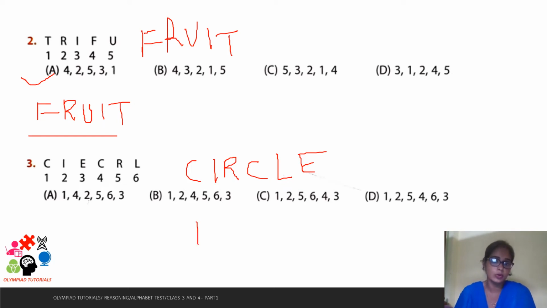C is going to correspond to 1, I is 2, R is 5, again this C is 4, then next you have L, that is 6, and E is 3. So you can see the option number D is 1, 2, 5, 4, 6, 3. And even we have got 1, 2, 5, 4, 6, 3. So your option number D is going to be the correct option. Okay, children.